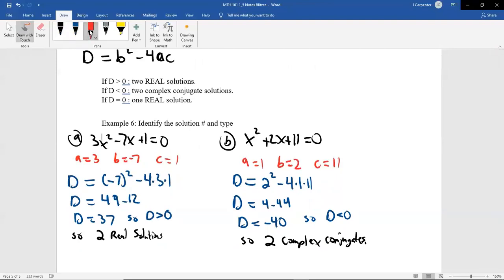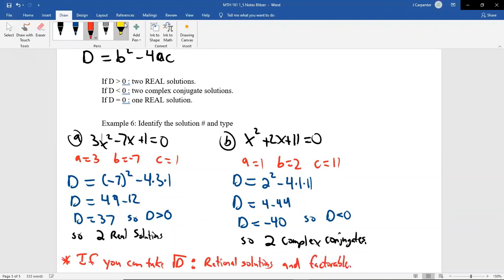Special memo. If you can take the square root of your discriminant, in other words, if your discriminant is a perfect square, so if the discriminant turns out to be 4 or 9 or 16 or 25 or 36 or 49, that means that it's rational solutions, which also means they're factorable.